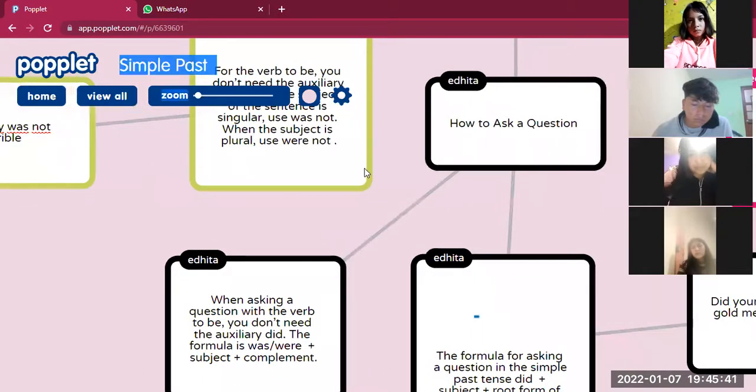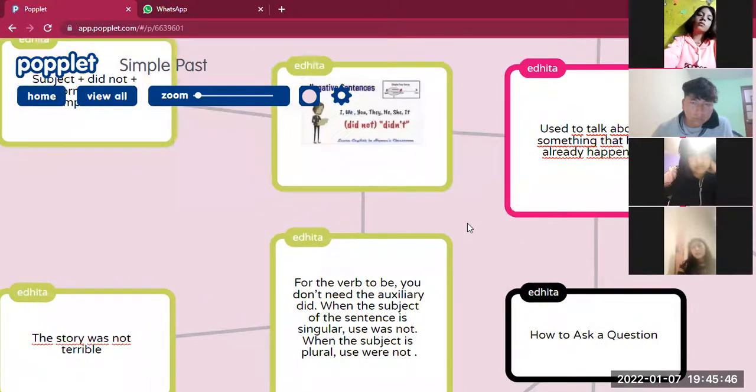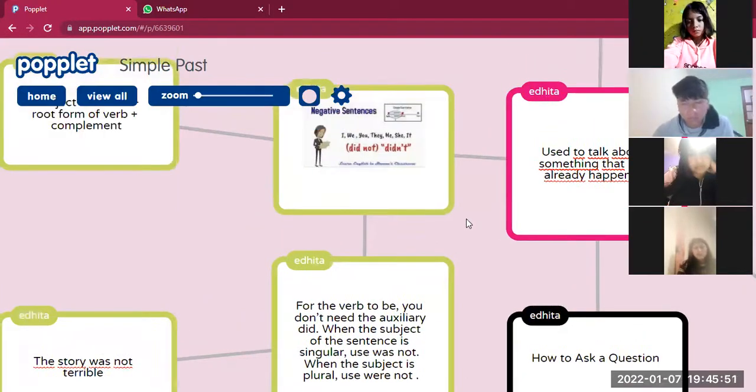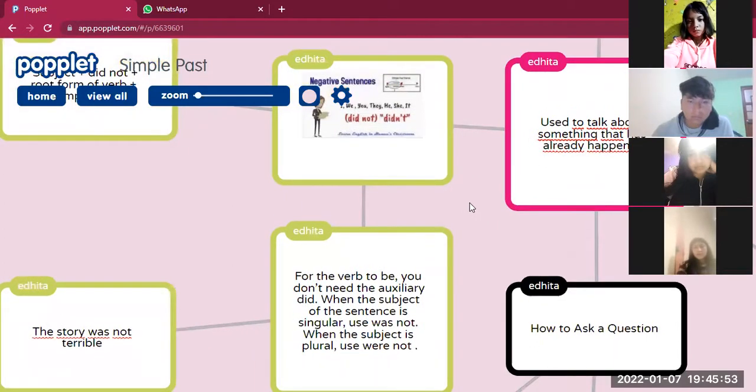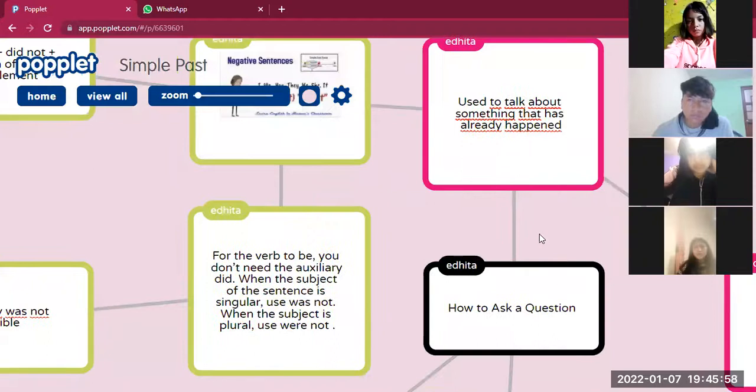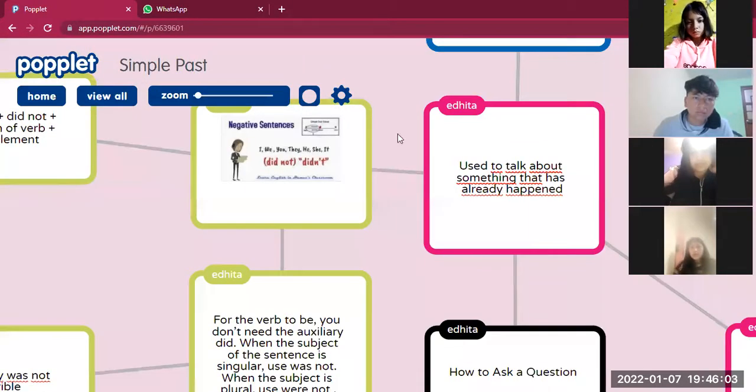Now, who wants to share with us a sentence, an example? Kevin, could you share with us an example of negative sentences? Yes. He was not shocked.